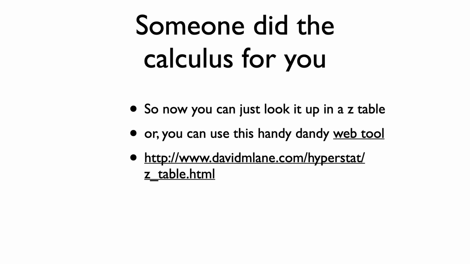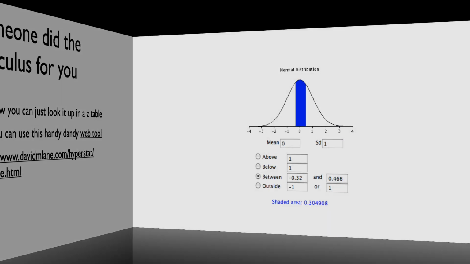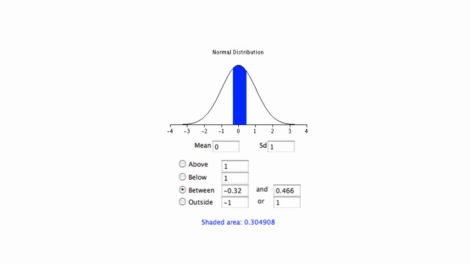This guy's got a ton of great statistical stuff on his website. It's great. You put the values in, it gives you percentages. I encourage you to go play with that when you get a chance. It's really not hard to play with. It looks like that. So what did I do here? I went to the normal distribution part of that link, and I think that link leads directly there. And I said, let's see, the mean of 0, standard deviation of 1.